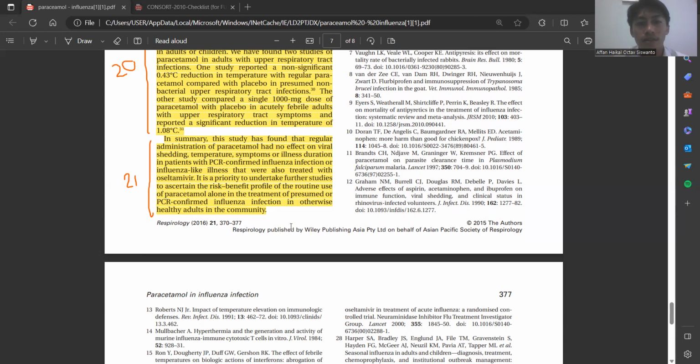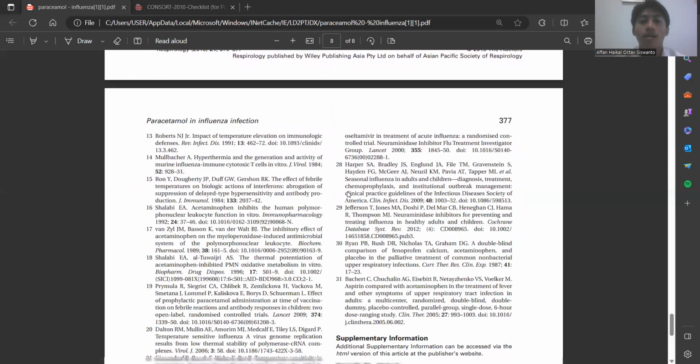It is a priority to undertake further studies to ascertain the risk-benefit profile of the routine use of paracetamol alone in the treatment of presumed or PCR-confirmed influenza infection in otherwise healthy adults in the community.